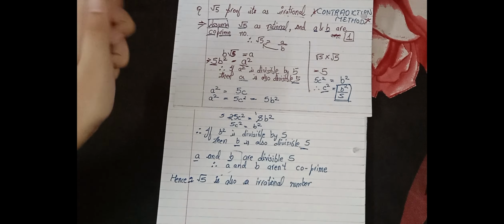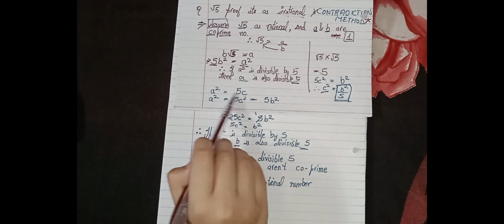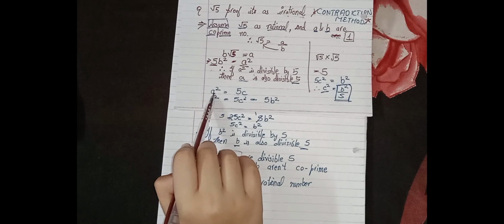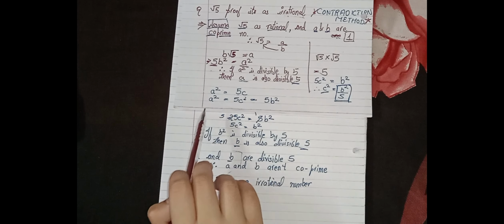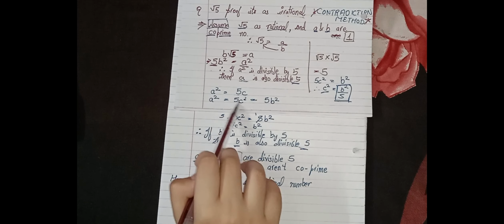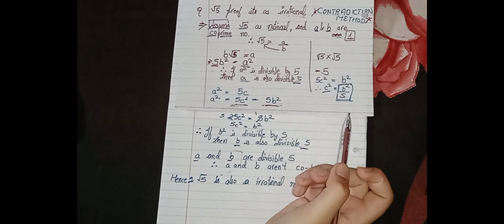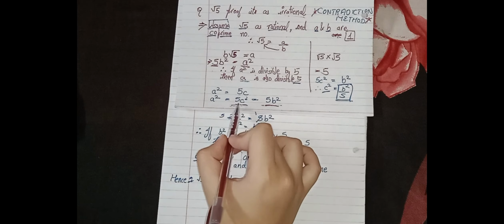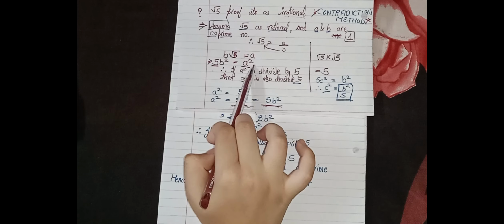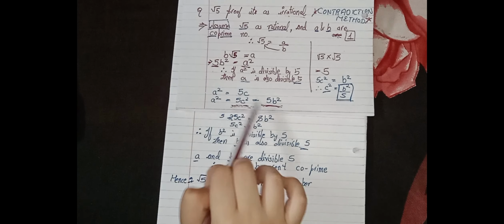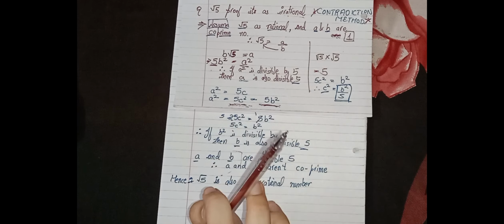If a square is divisible by 5, then a is also divisible by 5. Now I take the value of a as 5c, a new variable, so a is equal to 5c. Then a square is equal to 25c square, and a square is equal to 5b square. We learned that if a number is equal to another number, and that number is equal to a third, then these two will also be equal.